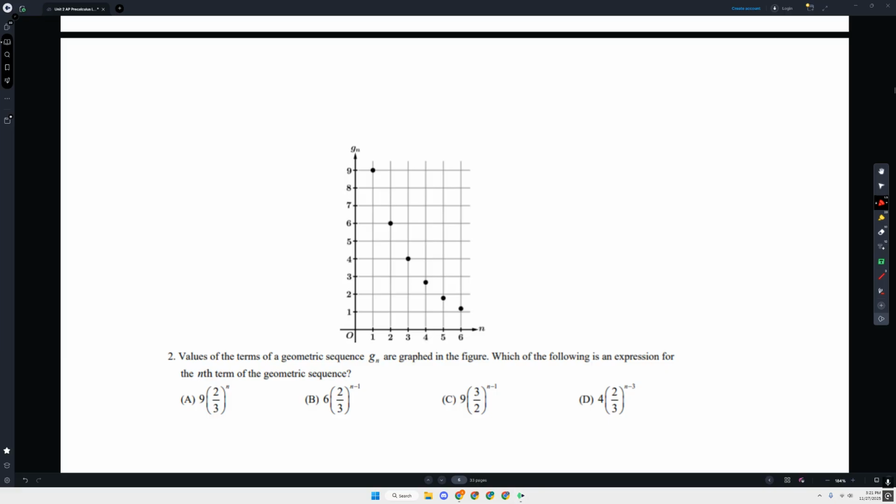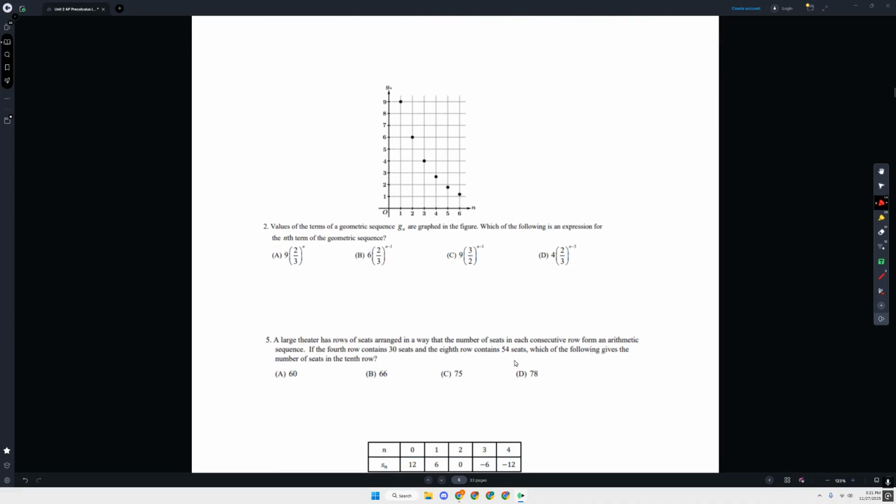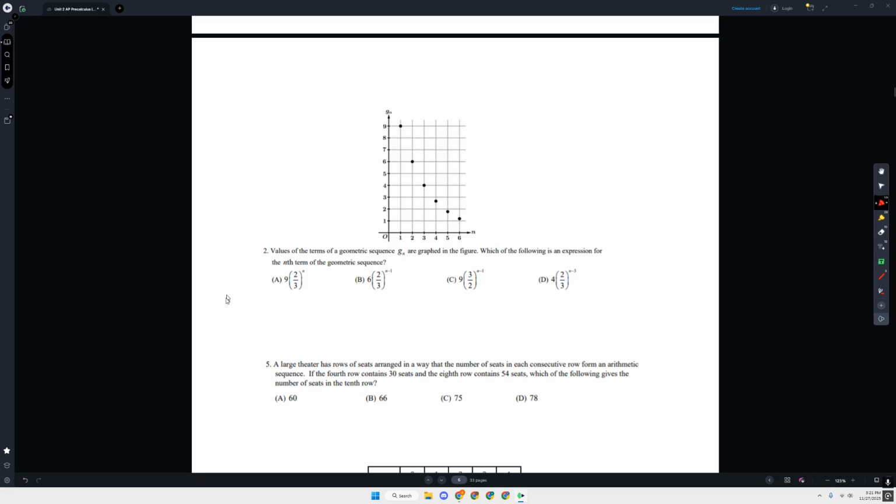I would assume so. I'll zoom out so you can see more. Okay, for both 2 and 5, I will give until 3:24, so about 2 minutes.